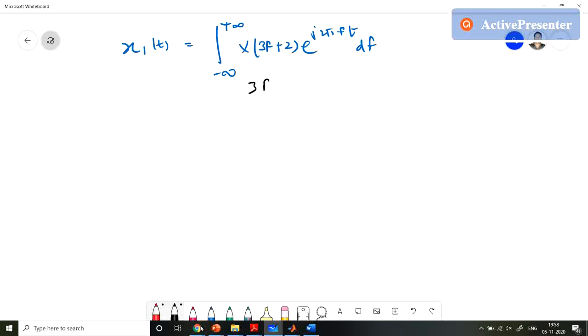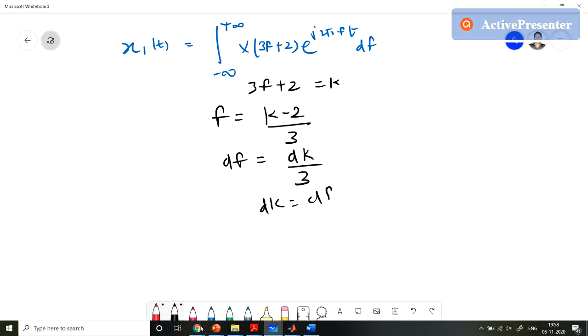Let us take 3f + 2 = k, and f = (k - 2)/3. So df = dk/3.